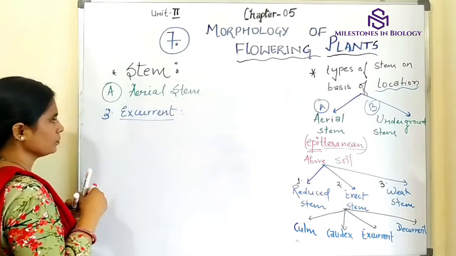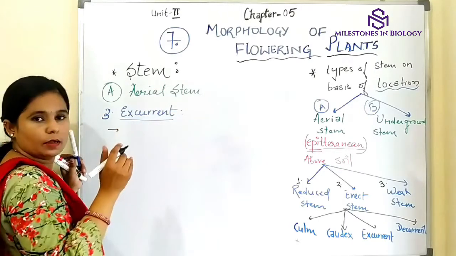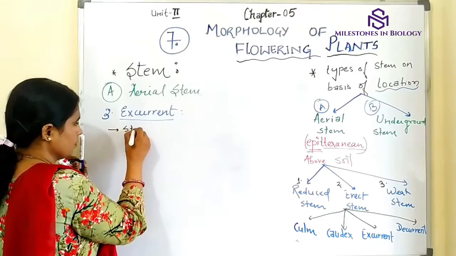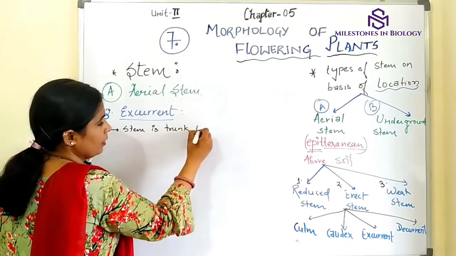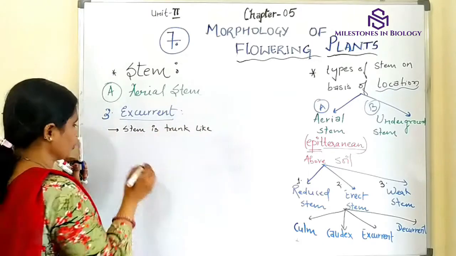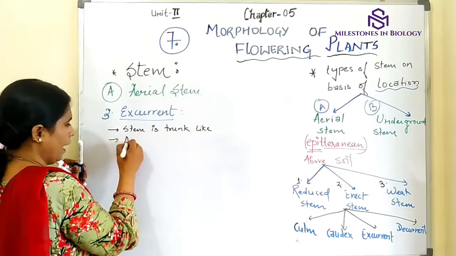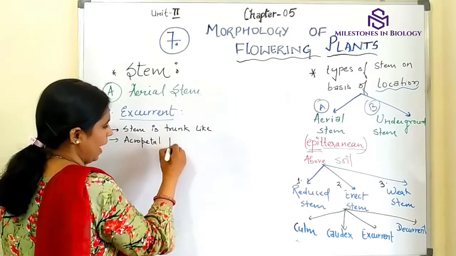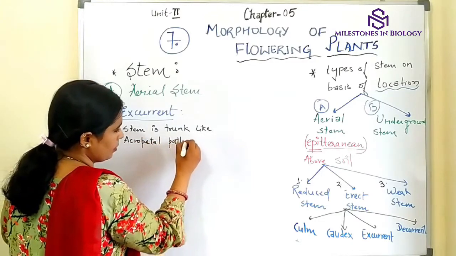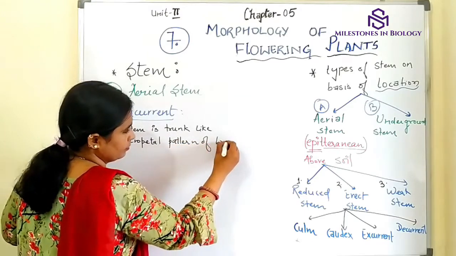Here the stem is a trunk-like solid structure with an acropetal pattern of branching.